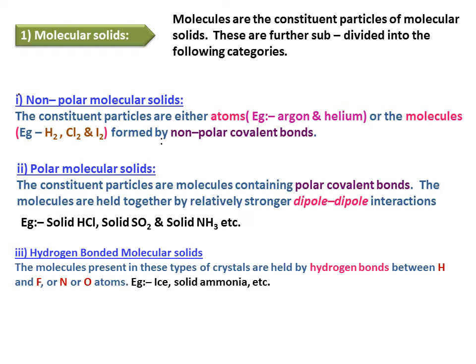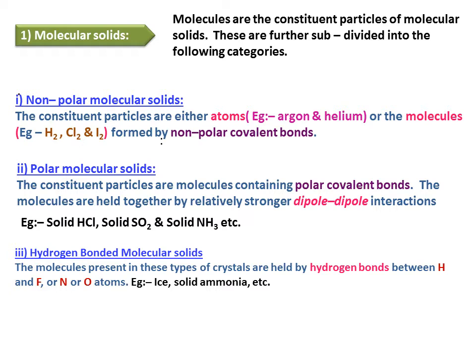Number two, polar molecular solids. These are molecular solids in which the constituent particles are molecules containing polar covalent bonds. The molecules are held together by relatively stronger dipole-dipole interactions.